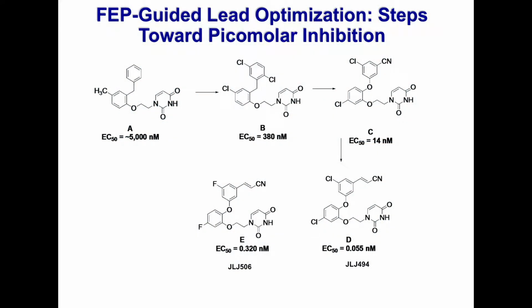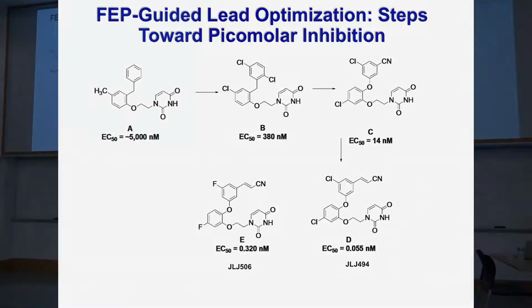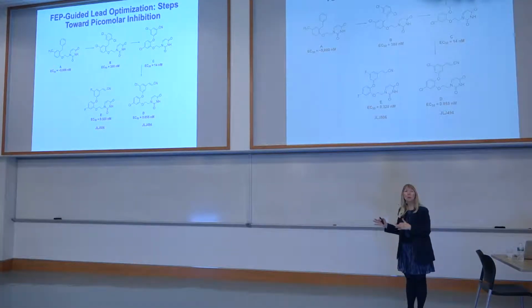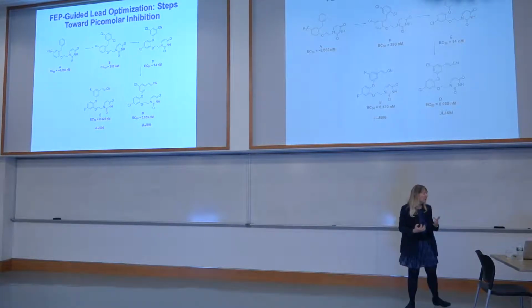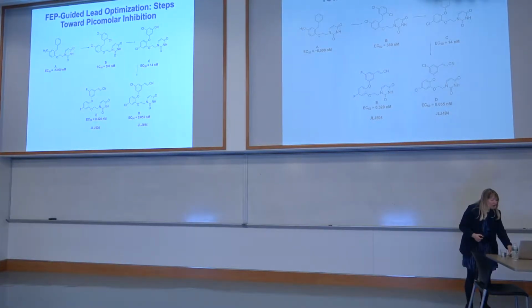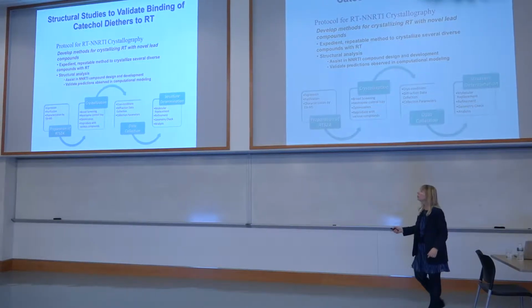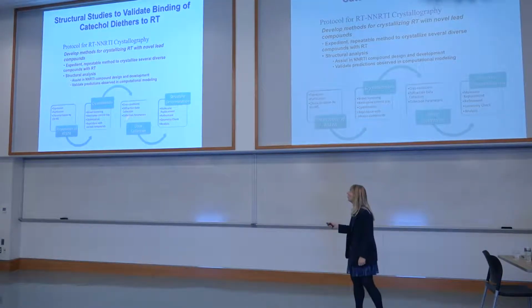So at this point, we had done a lot of computational analysis, and we had done a lot of biochemical and cellular analysis, but we really did not have the 3-dimensional structure. We only knew what was computationally predicted. So we really wanted to develop a strategy to determine the 3-dimensional structure of these compounds.